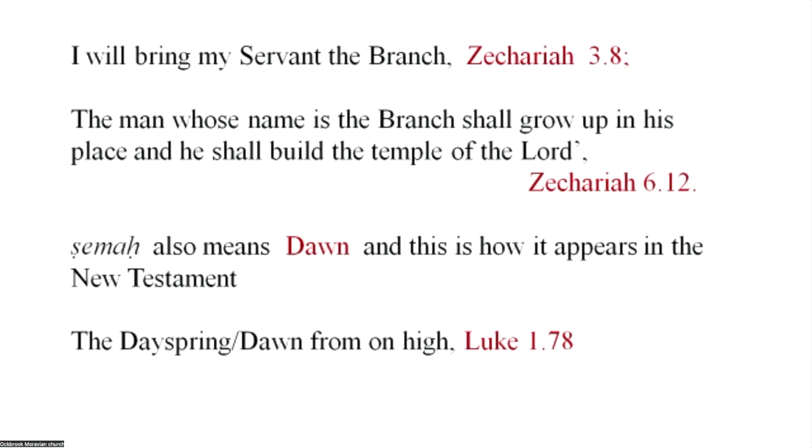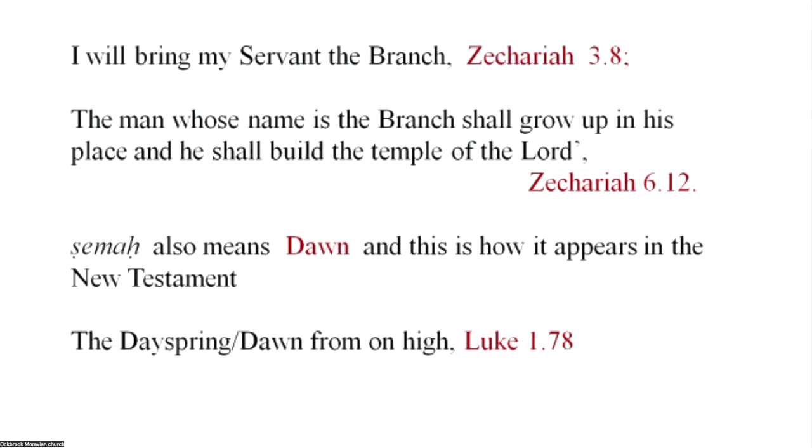The returning Messiah, the returning Davidic king, was going to build the new temple. And this was also the Christian hope, or the hope in the time of Christian origins, that the Messiah figure would build the new temple. You find this in the book of Enoch, you find it in early Christian writings as well.